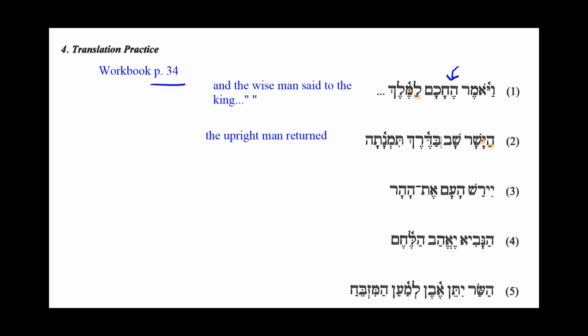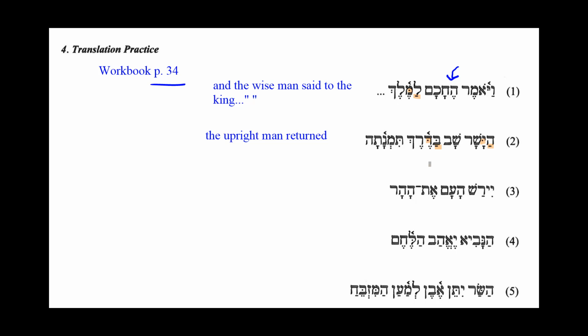We have Baderek. Here's another case of a preposition, this time a bait, and notice that we have our word derek, which means way. It's a fairly common word, so I'm suspecting that we've got a preposition plus a noun. And the bait here, we notice, has a patach, and the first letter of the next word is doubled.